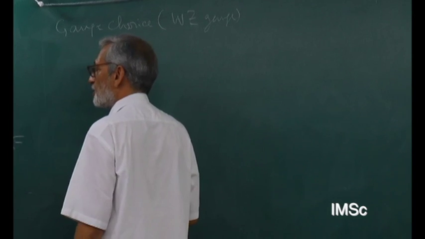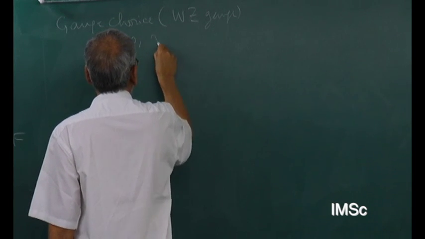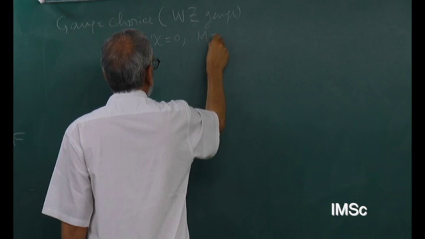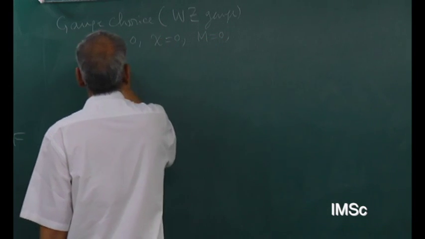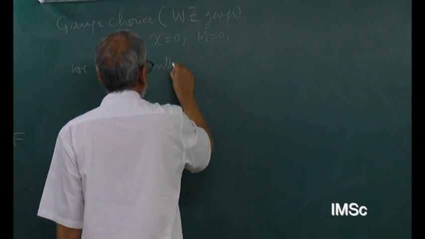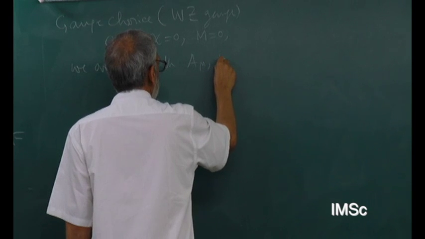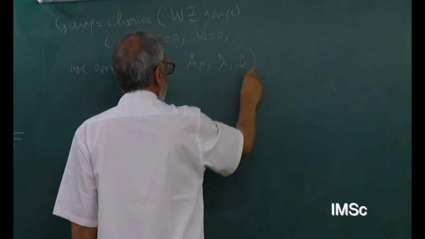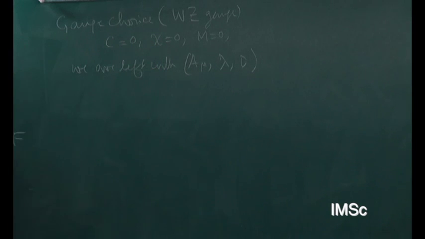Use this definition of gauge transformation and put C to be 0, chi to be 0, M to be 0, and we are left with A mu, lambda and D. The general vector field we constructed had 8 bosonic real degrees of freedom and 8 fermionic.